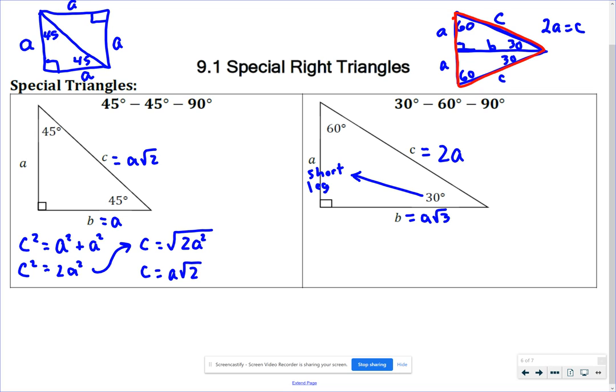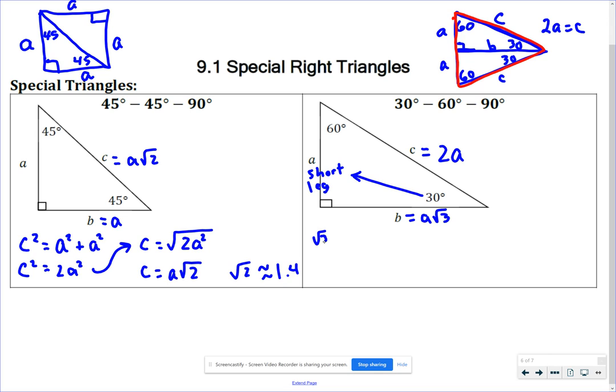Now, point of reference, guys, square root of 2 is about 1.4. So on the 45, 45, 90, my hypotenuse is about 1.4 times the leg. On this one, square root of 3 is about 1.7.